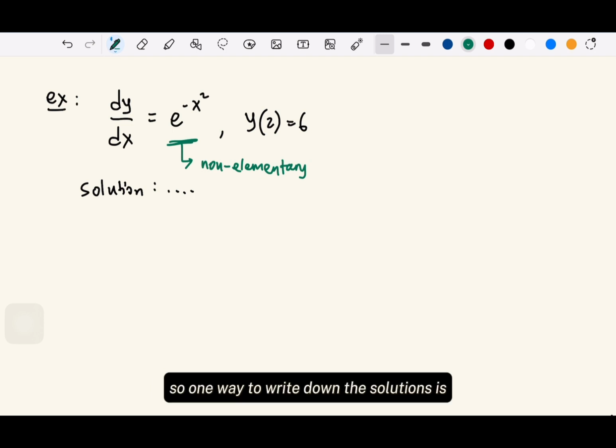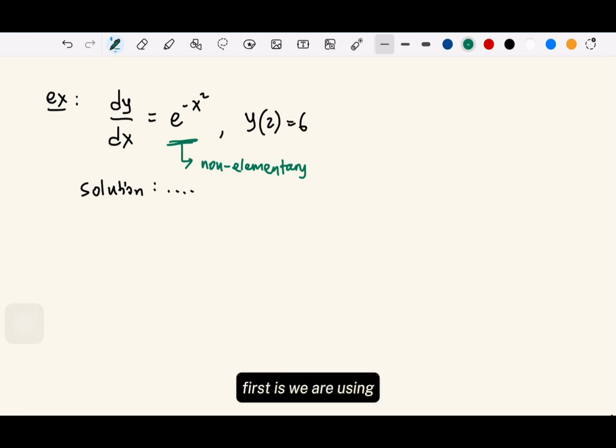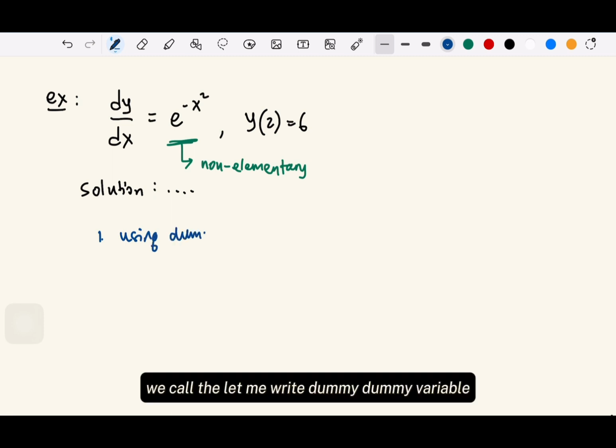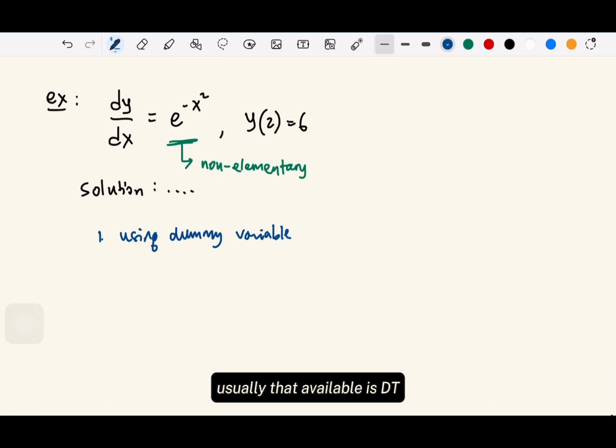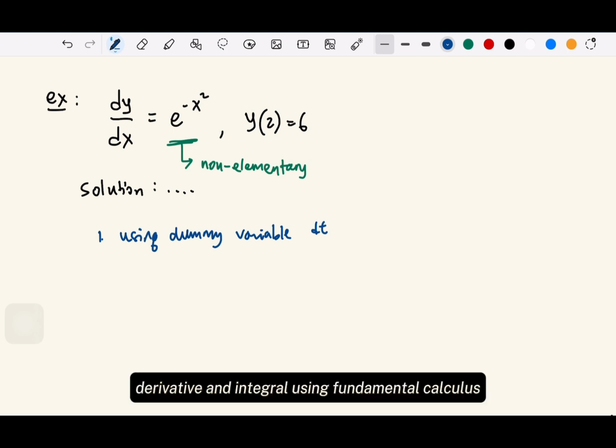So one way to write down the solutions is, first, we are using what we call a dummy variable. Usually the dummy variable is t, if you remember the relations between derivative and integral using the fundamental theorem of calculus.